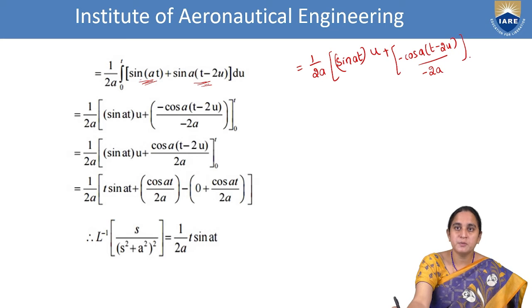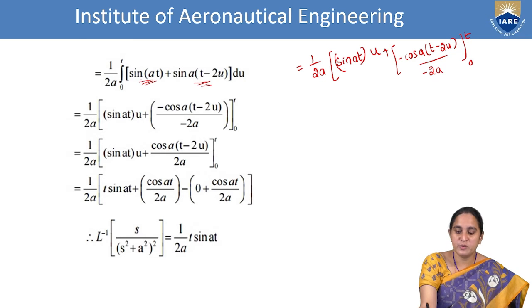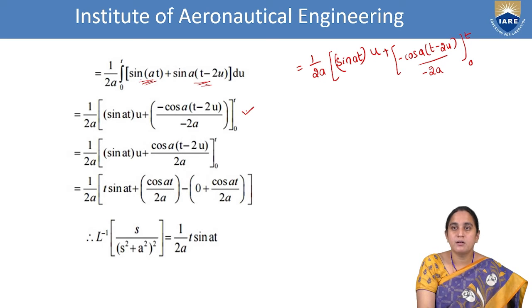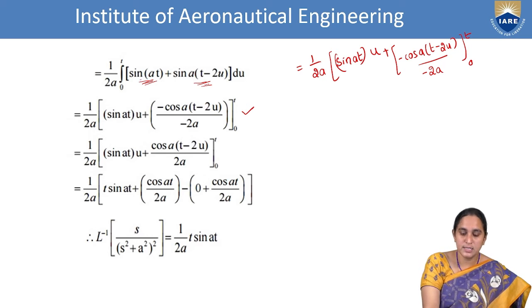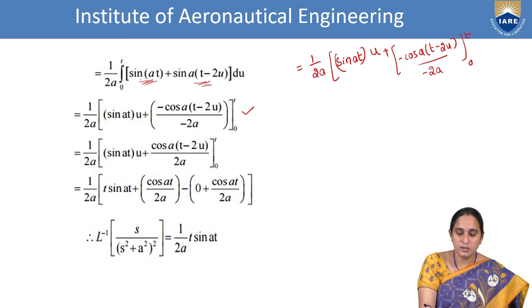Therefore, what are the limit points here? 0 to t. After the integration, it becomes 1 by 2a into sin at into u plus into minus of cos of a of t minus 2u by minus 2a. That is equal to, now substitute the limit points.